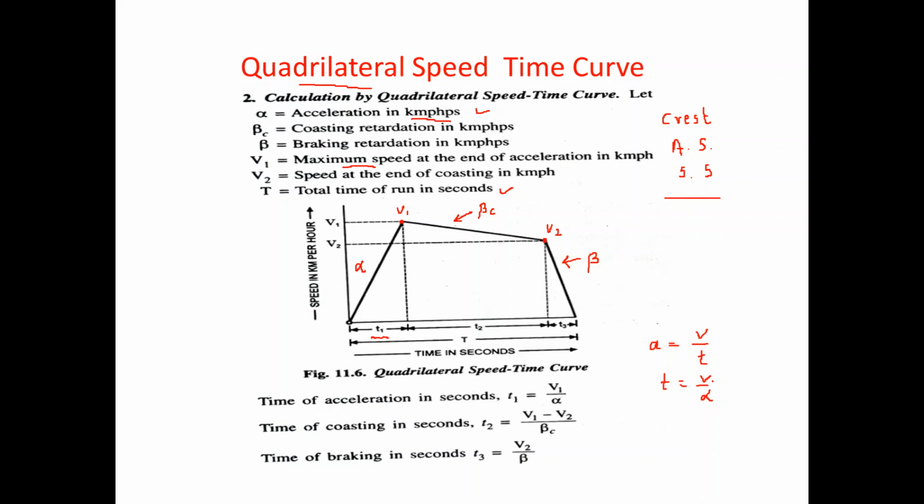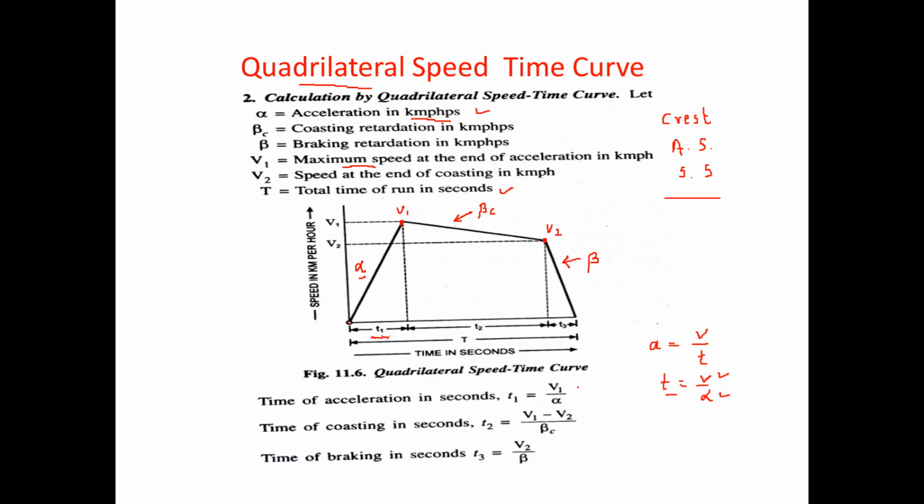Simply we have to divide the speed by acceleration to get the time. During this t1 phase, the speed is v1 minus 0, so it is v1. And the acceleration is alpha. So we get t1.